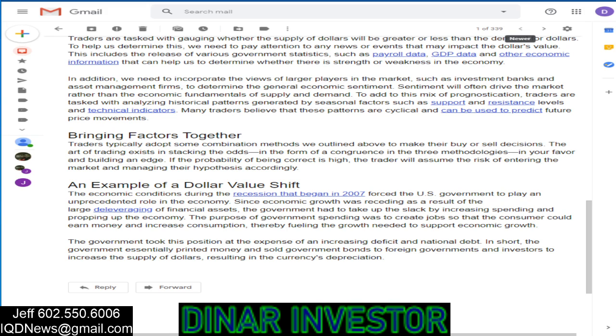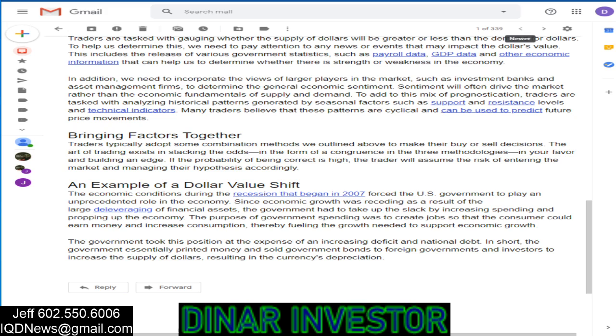Okay, here's an example of a dollar shift. The economic conditions during the recession that began in 2007 forced the U.S. government to play an unprecedented role in the U.S. economy, since economic growth was receding as a result of large deleveraging of financial assets.